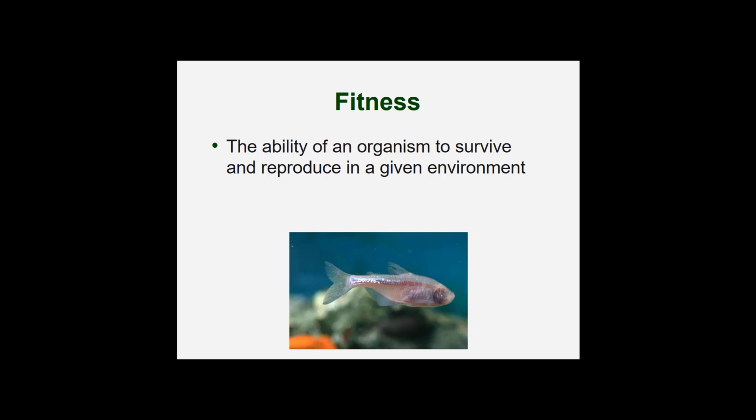So an organism with better fitness will be better suited to survive and produce more offspring in that environment. An organism with less fitness will not be as well suited to survive and reproduce in a given environment. And we quantitate fitness by the number of offspring that are left in the next generation.